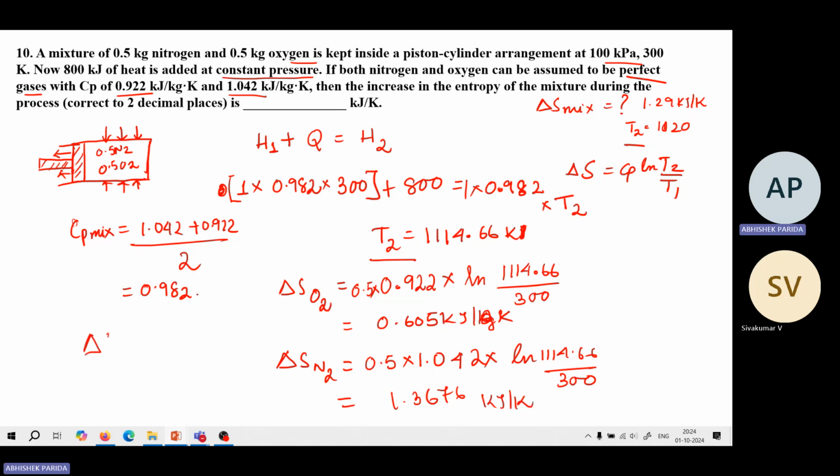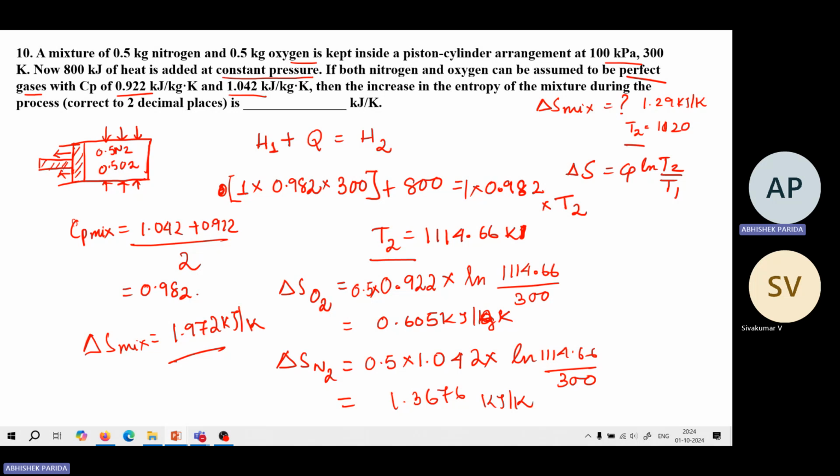So delta S of the mixture, plus 0.605, is 1.972. I think just because of your temperature issues the answer is different, but the approach is perfectly right. So the correct answer is 1.972. Okay. Okay, sir.